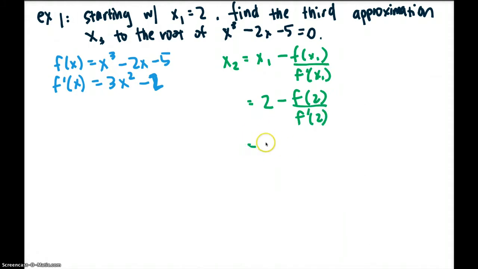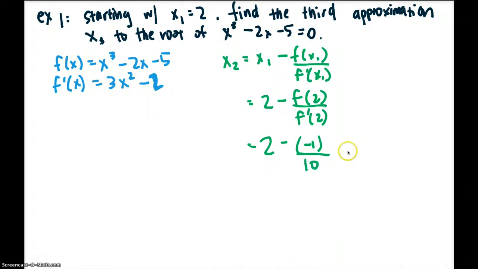Now this f of 2 will give me 8 minus 4 minus 1. 8 minus 4 is 4, minus 1 is negative 1, all over f prime of 2, which is going to give me 4 times 3 is 12 minus 2, which is 10.